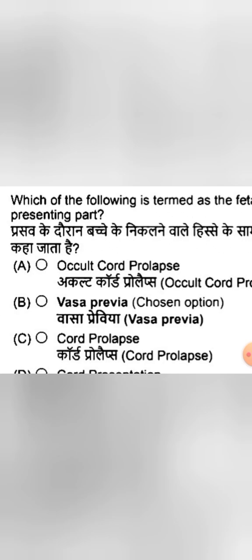And the next question, which of the following is termed as the fetal blood vessels lying over the internal os in front of the presenting part? Options: option A, occult cord prolapse; option B, vasa previa; option C, cord prolapse; option D, cord presentation.